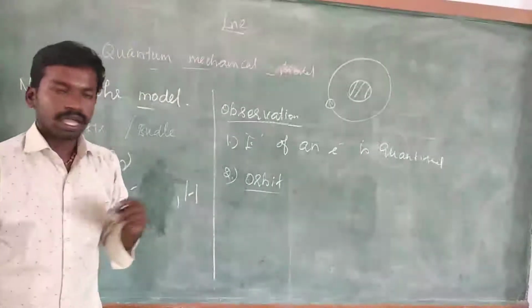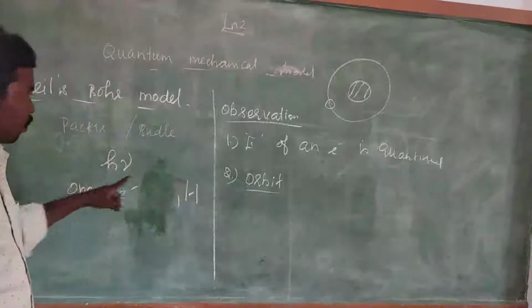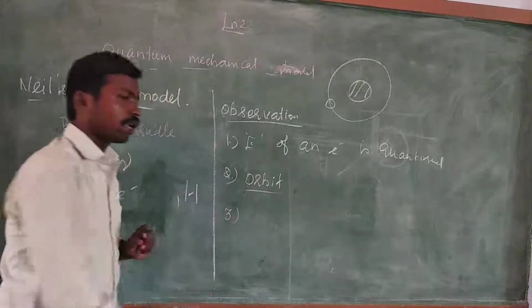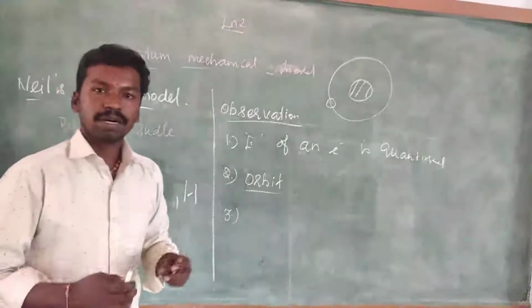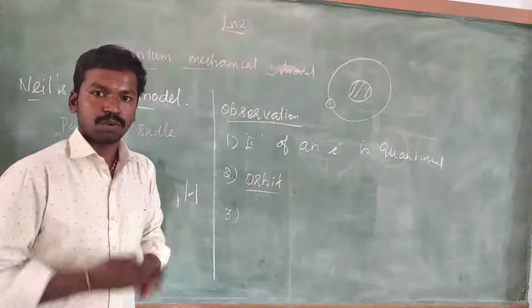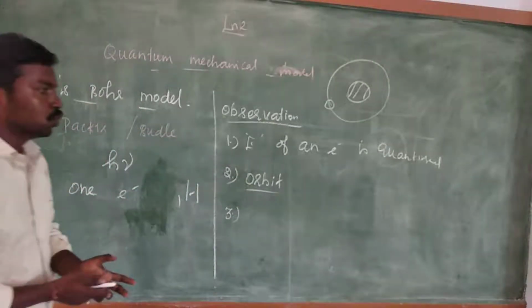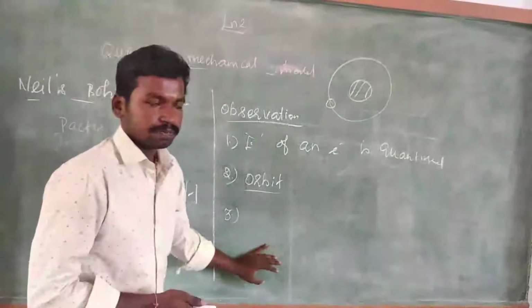And we saw now that the energy of an electron is quantized. Then the third point is very important, but it has no theoretical support. Only the point is given. At that time, Niels Bohr was unable to explain the third point.